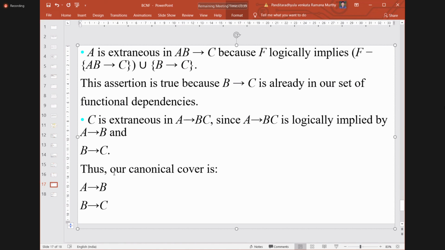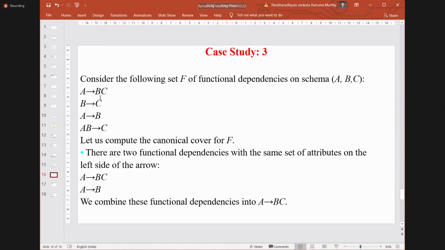That means some rules can be derived from other rules. If you eliminate those rules, the given set of rules is reduced. From the given set of rules, if some rules are already available through other rules, we can eliminate them.